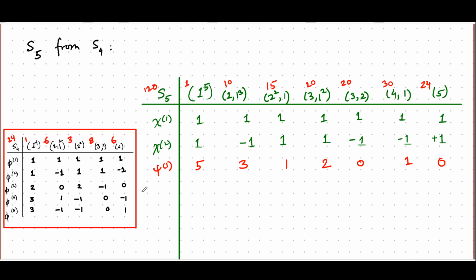And now, subtracting the chi1 from this will immediately give me my simple character, the third simple character in my table, 4, 2, 0, 1, minus 1, 0, minus 1.